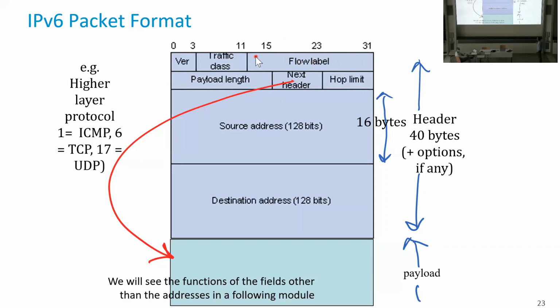Another important difference is that in the IPv6 packet, there is a flow label, which is used to identify a flow. This is unfortunately practically not used, so the flow label is set to 0 everywhere. But the underlying idea is to be able to have quality of service guarantees for some flows.